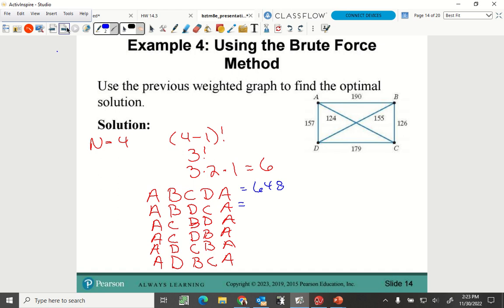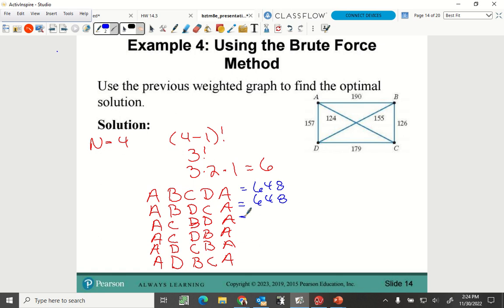All right, let's see what we got. So after we go through and fill this out, let's see, BD. Here it is. AB, DCA. That one was 648? Yeah.